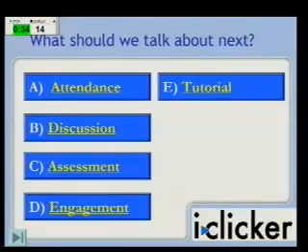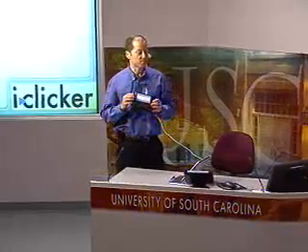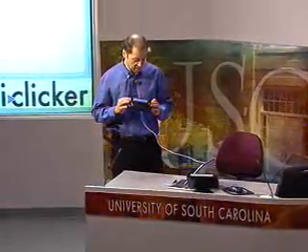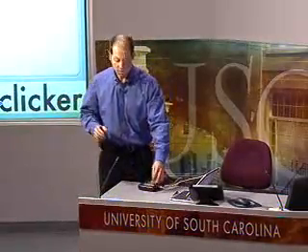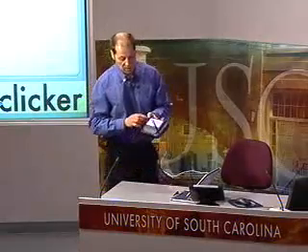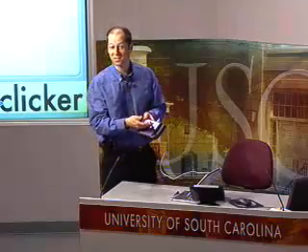So I'll let you keep voting for a second while I talk about this. This base that's connected by USB to the computer, that's how the votes get into the computer. One thing that's on it is an LCD screen. And what happens is, as the votes are coming in, this lights up with the number of people that have voted, but also the percentage that have voted A, B, C, D, and E, since those are the only choices.